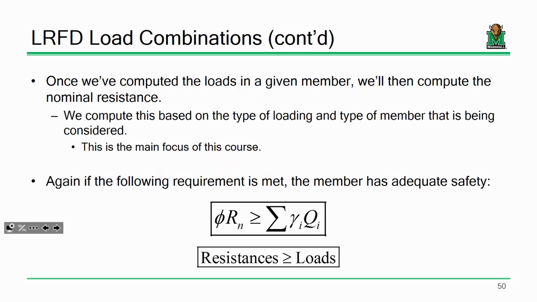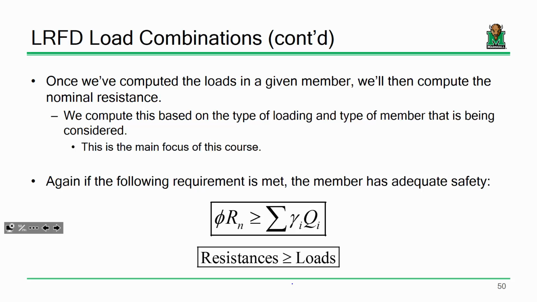Okay, all right, real quick. So what that is giving you is the factored loads. If you understand that, then what we're going to do throughout the rest of the semester is learn how to determine factored resistances. And as long as your factored resistances are larger than your factored loads, that's the whole basis of our design, and that ensures everything is safe.